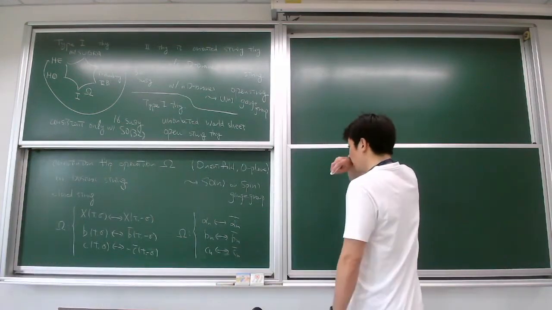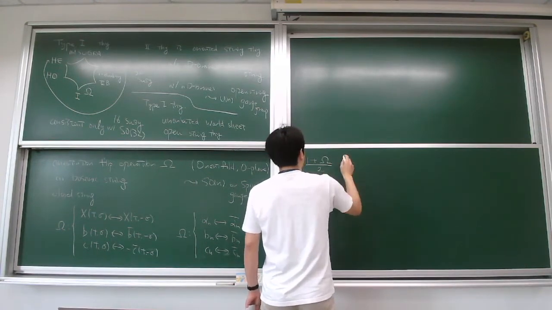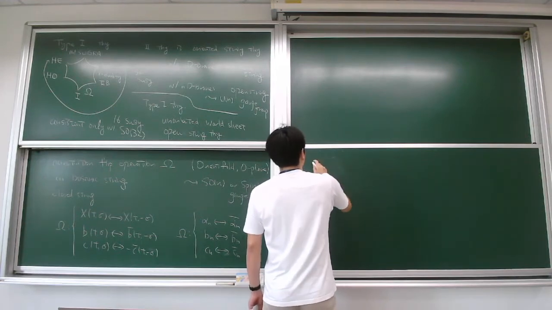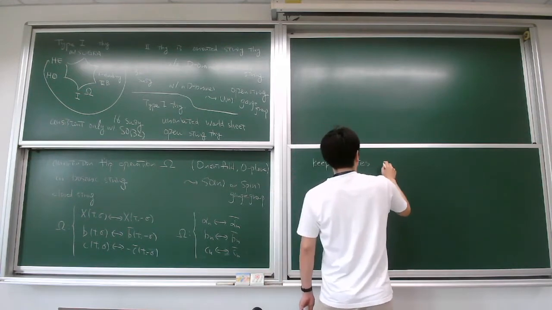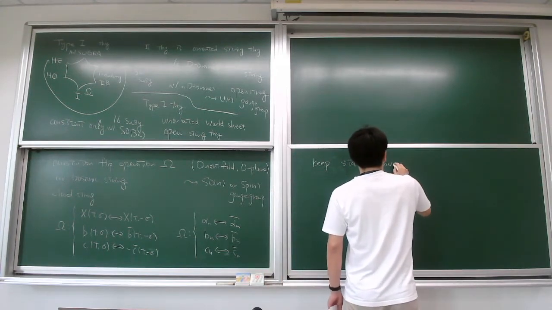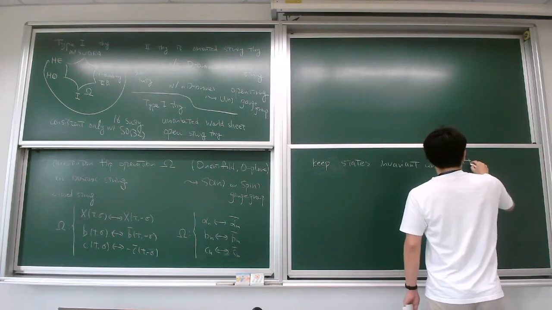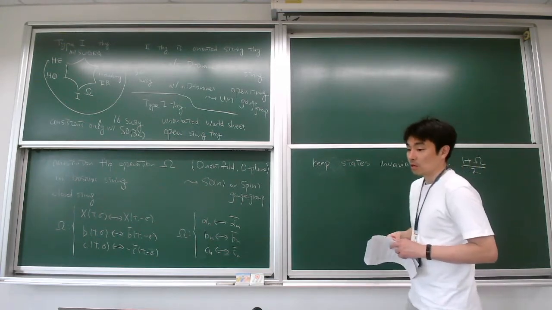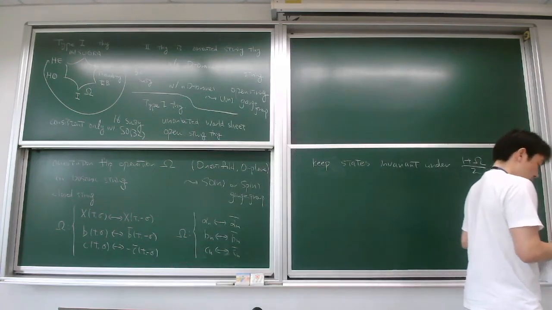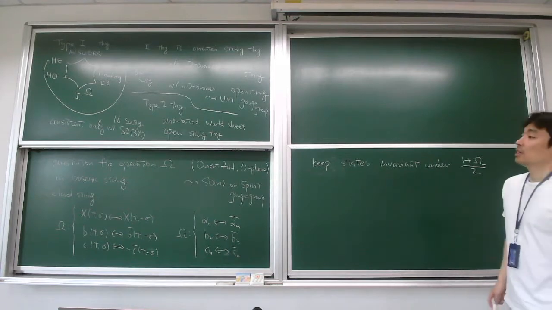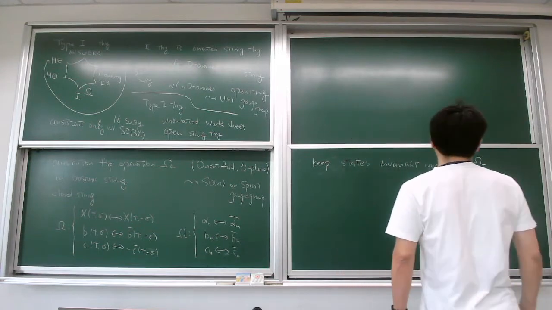So what we are going to introduce is essentially this operation, keeping states invariant under (1 + omega)/2. That's called the orientifold projection.